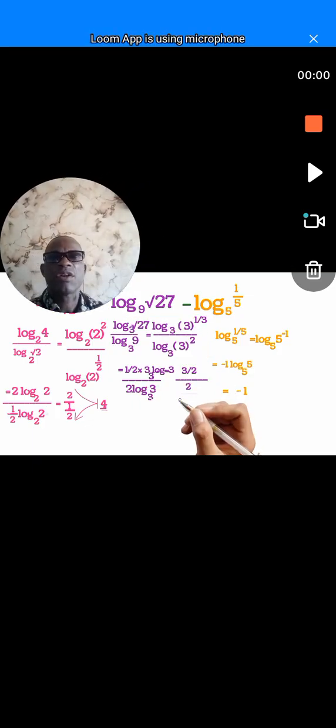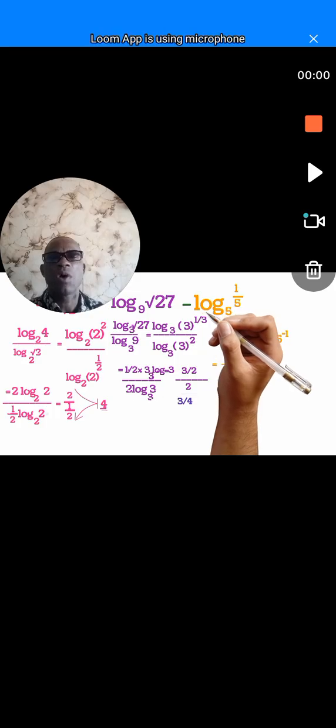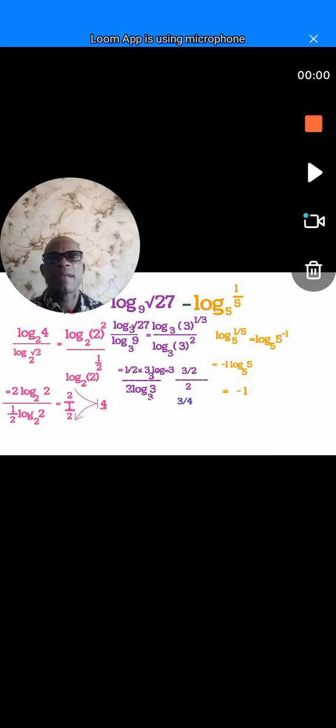Now, the first expression, we got 4. And the second expression, this one I'm pointing to, we got the answer 3 over 2 over 2, which is 3 over what? 4. And the last expression, the one in the yellow color, the final expression there is minus 1.